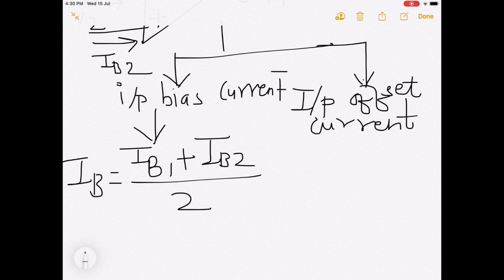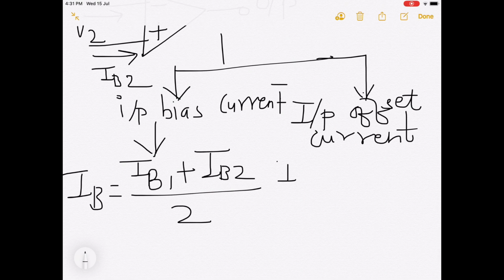And what is offset current? Offset current can be written like this: IIO is equal to IB1 minus IB2.